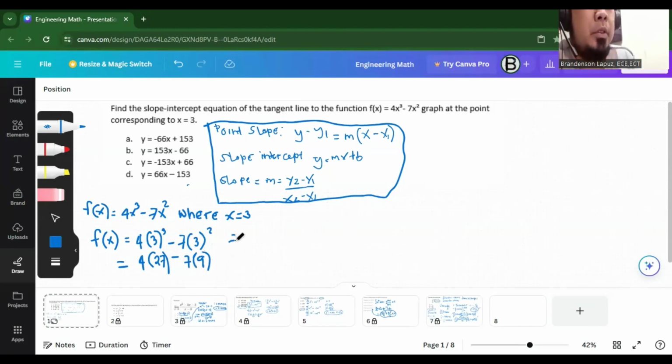So that would be equal to 108 minus 63, equal to 45.